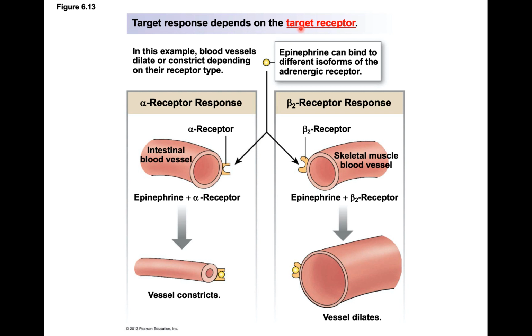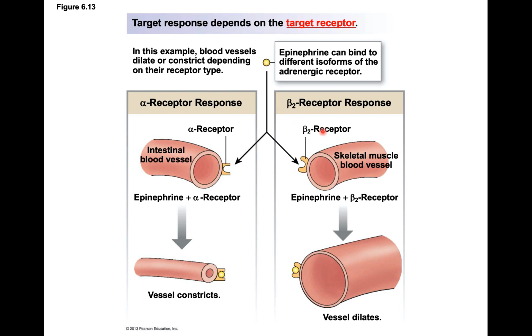ligand, that ligand binds to a receptor. But it's not just about what ligand you make. Like this example here, you made a ligand and it's epinephrine. Now, epinephrine has two different receptors it can bind to. It has alpha receptors and it has beta receptors.